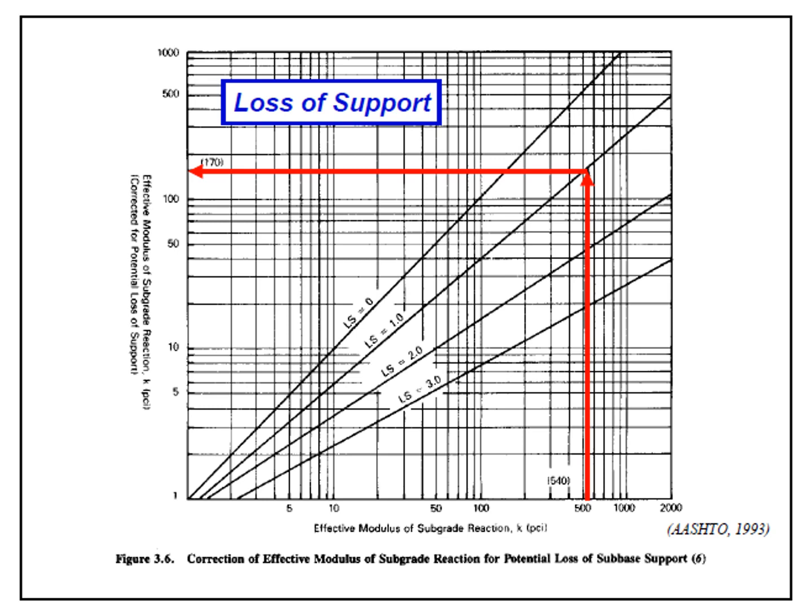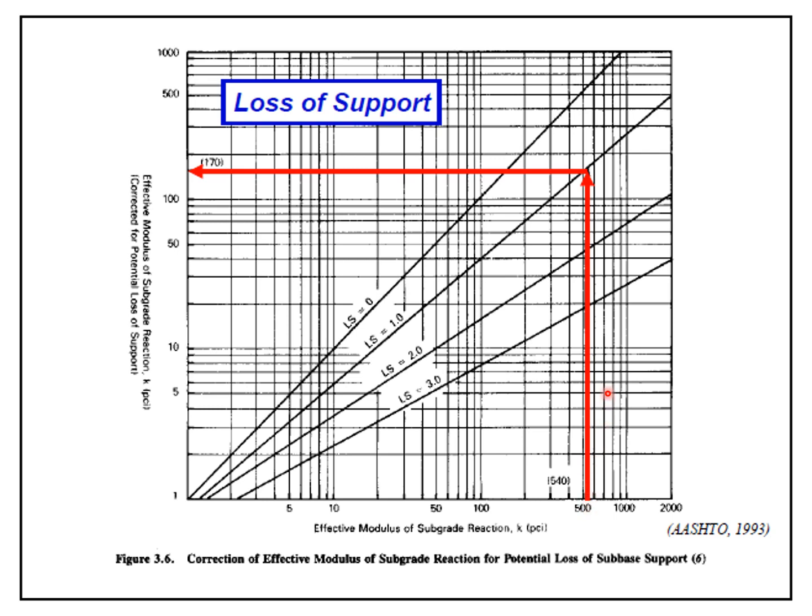If you look at this particular slide, this axis is meant for the effective modulus of subgrade reaction K in PCI, and this one is meant for the effective modulus of subgrade reaction corrected for loss of support. Let's say the LS value is 1, so what to do? The K value that you have, the most corrected value so far, is this one.